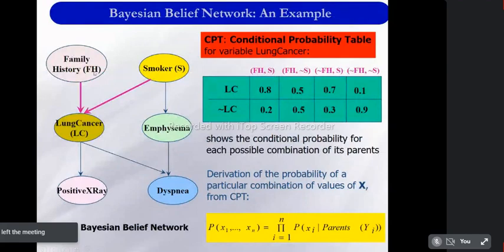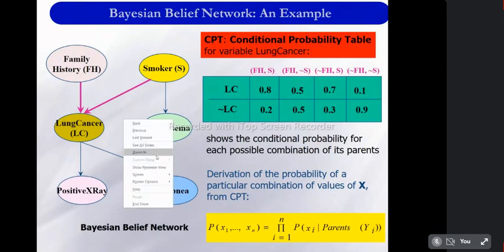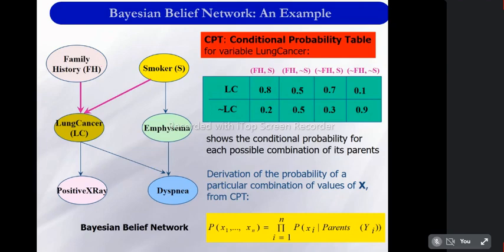For example, if you have a family history, FH, with smoking behavior, family history having lung cancer, family history with employment, family history with positive X-ray, family history with dysphagia.